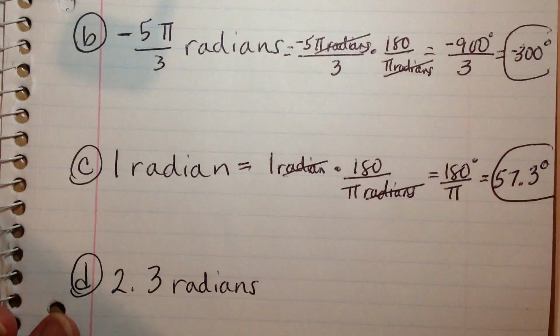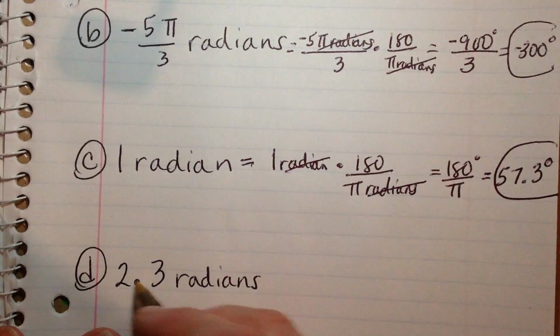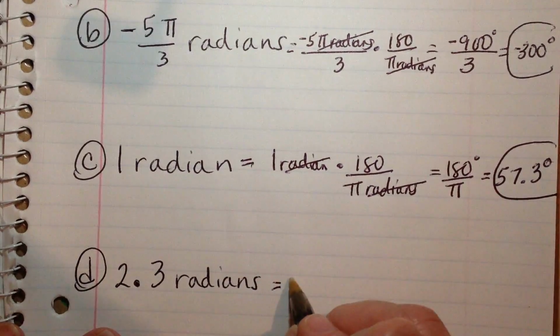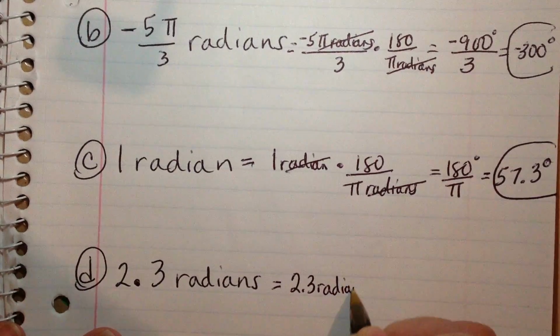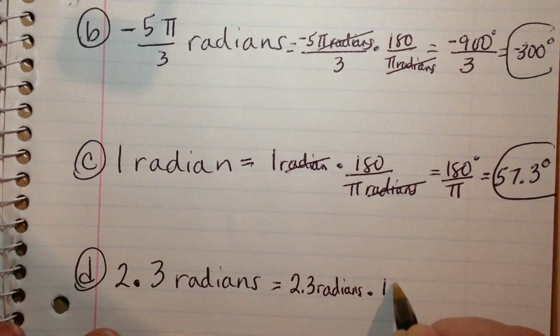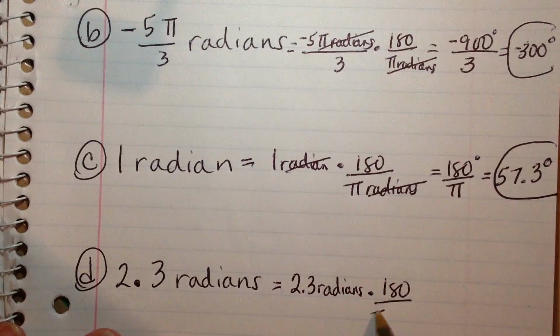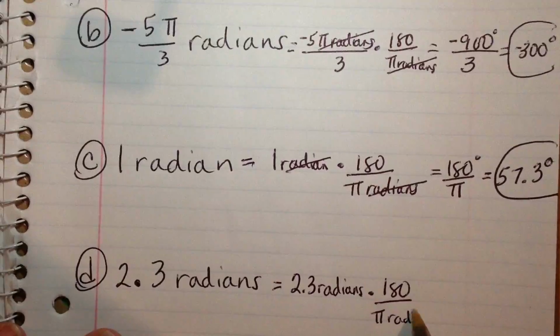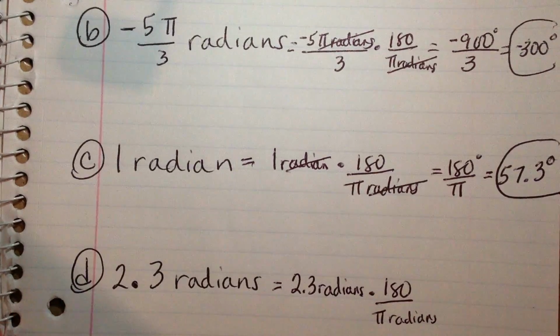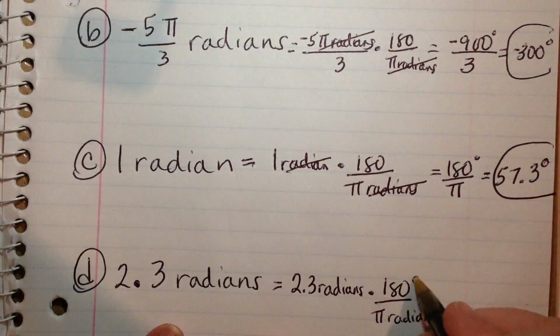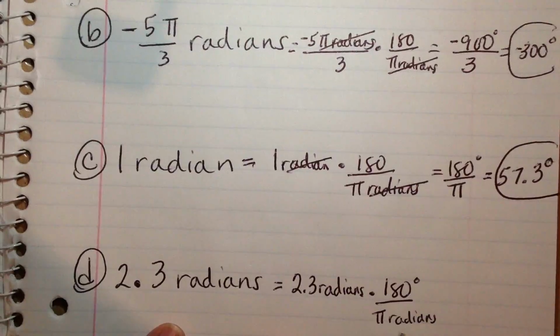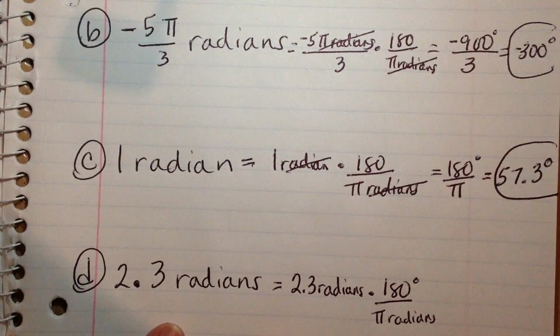And the last one, 2.3 radians. That's 2.3 radians times 180 divided by pi radians. Every time to convert from radians to degrees, multiply it times 180 degrees divided by pi radians.